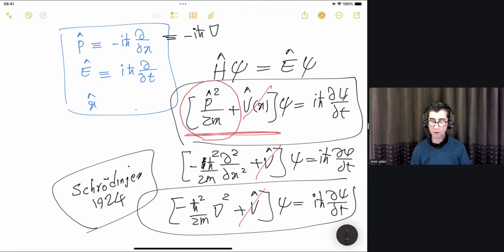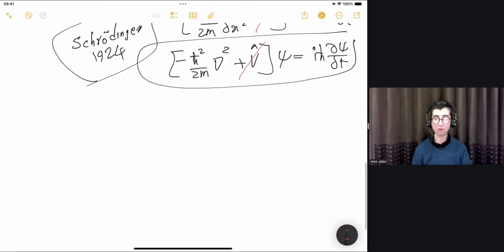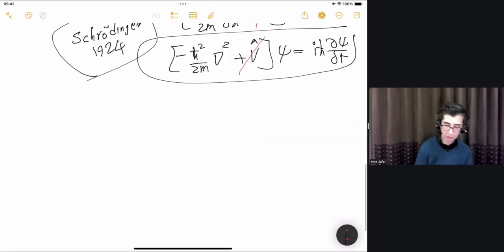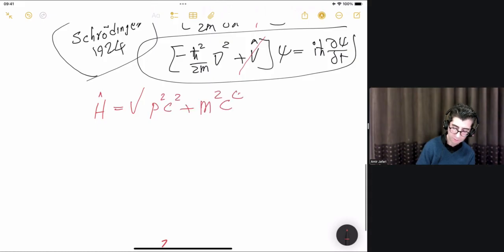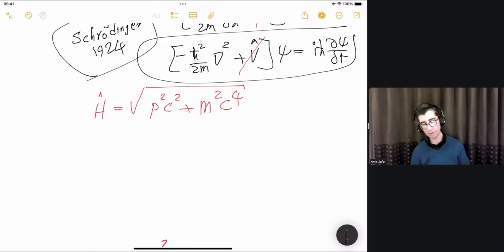Okay, so in order to combine special relativity with quantum mechanics, one might say that, well, now instead of this classical expression for the kinetic energy or the energy of the particle, let's use this Hamiltonian, the square root of p squared c squared plus m squared c⁴. c is the speed of light, p momentum, m particle's mass. This is the relativistic relation for energy, basically.